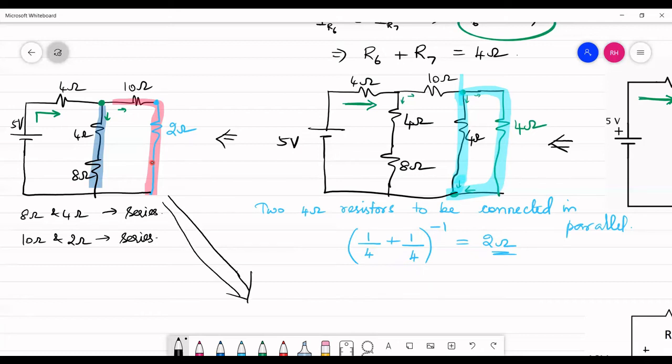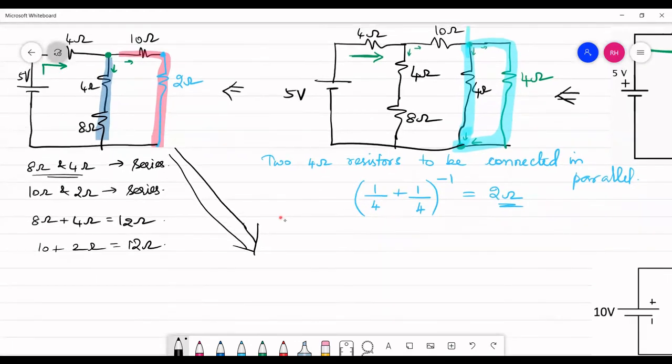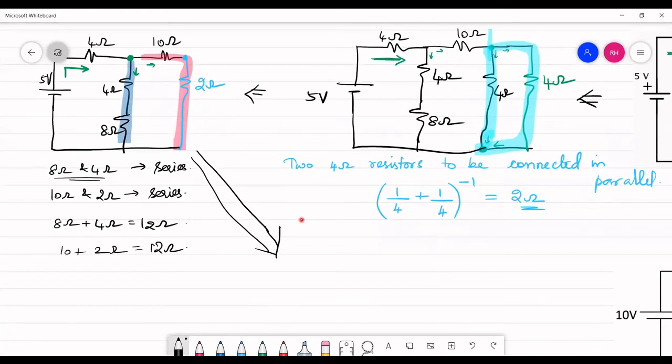If 8 ohm and 4 ohm are in series, then adding both together, you'll have 12 ohm in one branch, and in the other branch, it is again going to be equal to 10 plus 2, which is 12 ohm. So now let me simplify the circuit further and draw here.